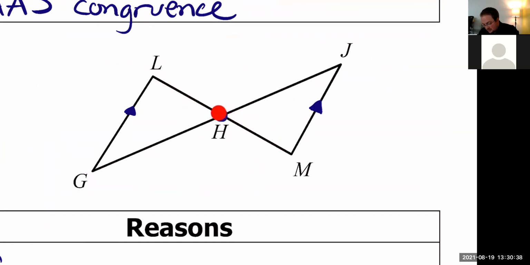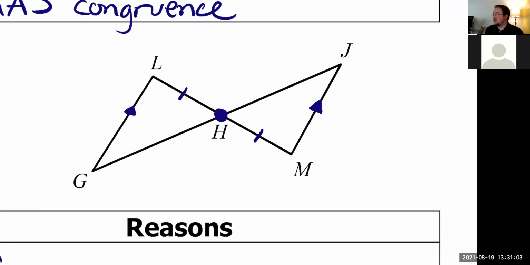So if H is the midpoint, where is it located on LM? In the middle, which means what can you tell me about LH and HM? Or MH, I should say. LH and MH. Congruent sides. Yep. Because a midpoint cuts a segment in half.